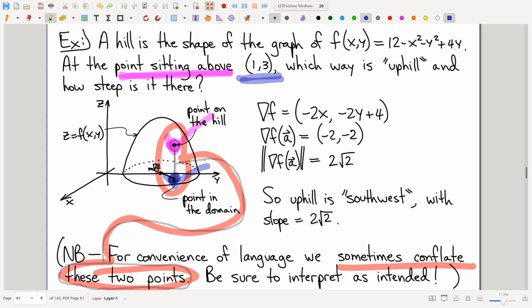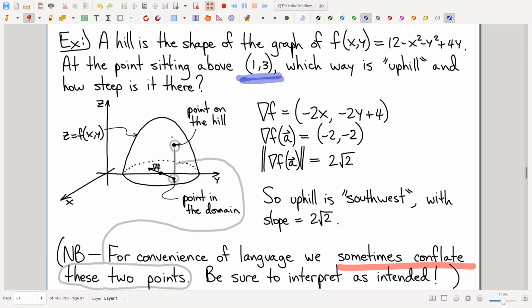So heads up: I did it carefully this one time, but most of the time what you're going to see is, hey, at the point 1, 3, which way is uphill? And of course, it's understood that you are on the hill at the point where x and y are 1 and 3.